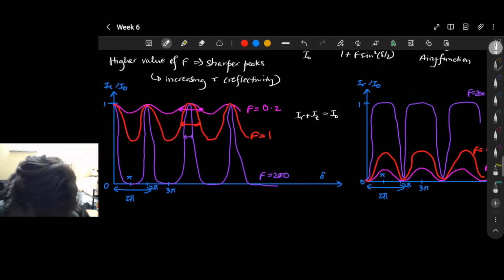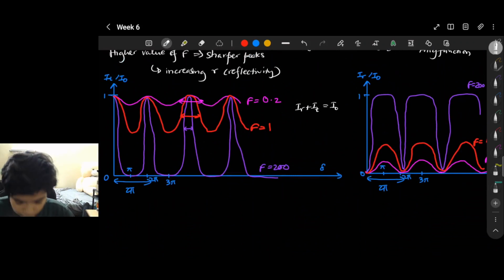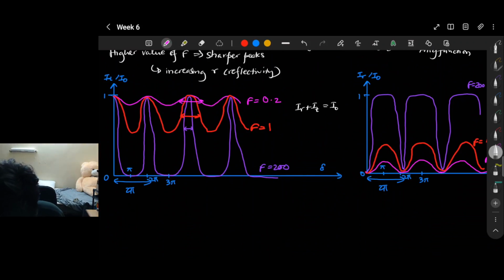Okay, so I hope you understand now. This was super long. Again, you can see the sharpness in terms of the widths. So this red width is narrower, and the purple width is the narrowest.